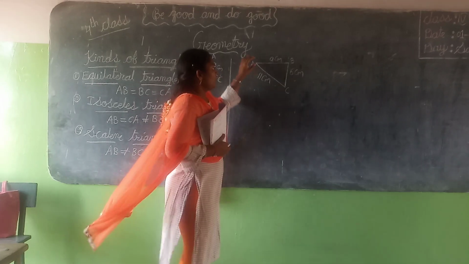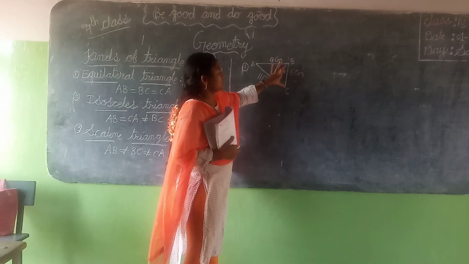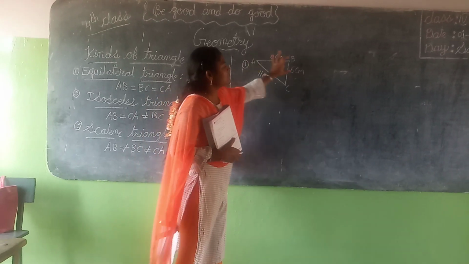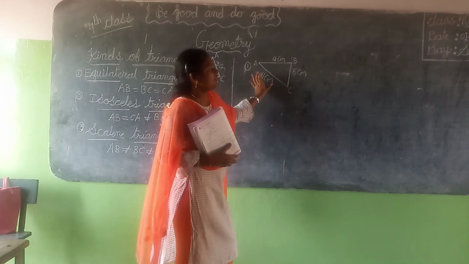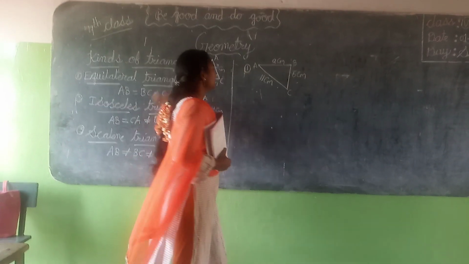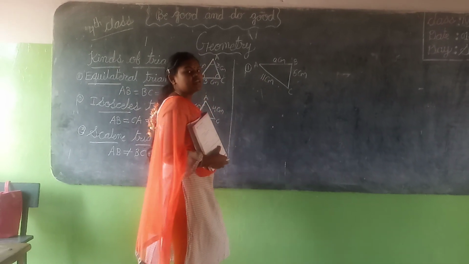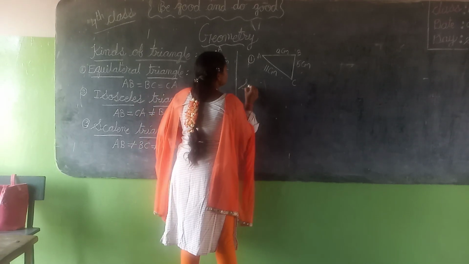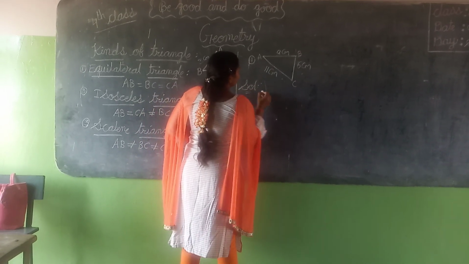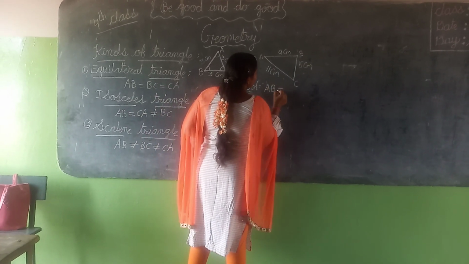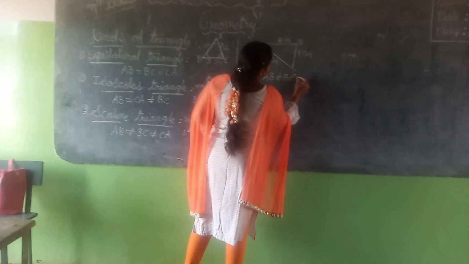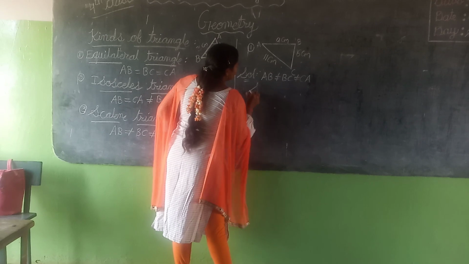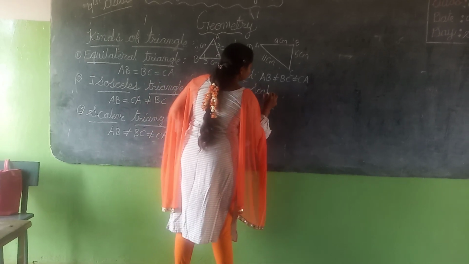So AB is 9 centimeters, BC is 6 centimeters, CA is 11 centimeters. That means three sides are different lengths, so this triangle is called a scalene triangle. Write that AB is not equal to BC, which is not equal to CA. That's why this triangle is a scalene triangle.